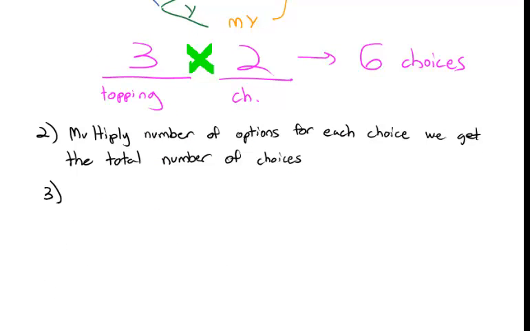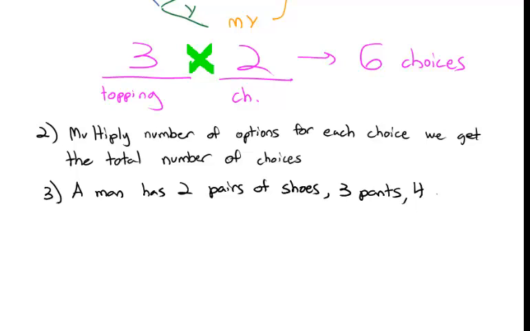So for example, let's say we've got a man who has 2 pairs of shoes, three pairs of pants, and 4 shirts to choose from.